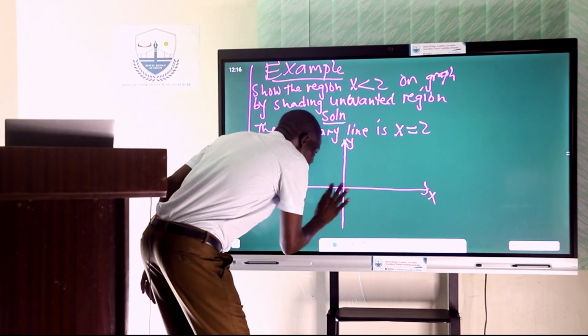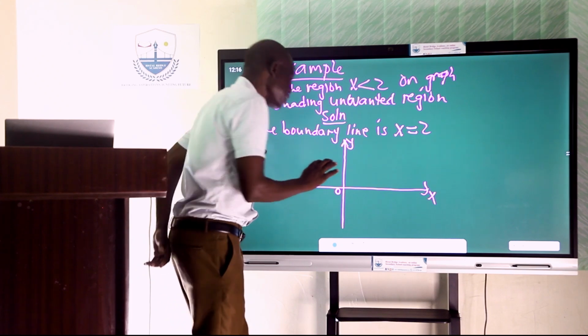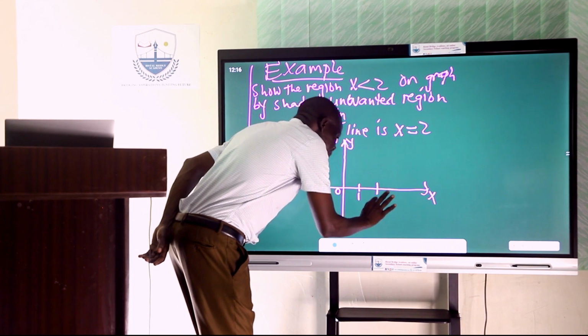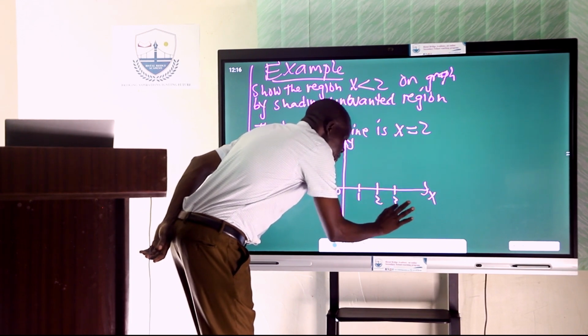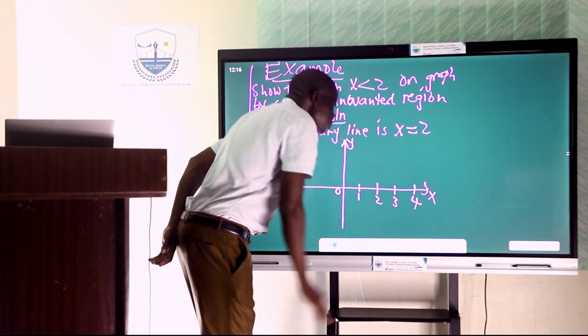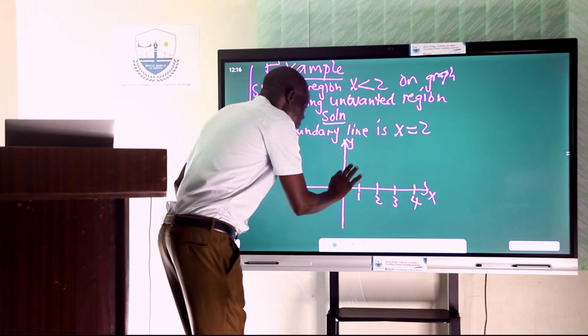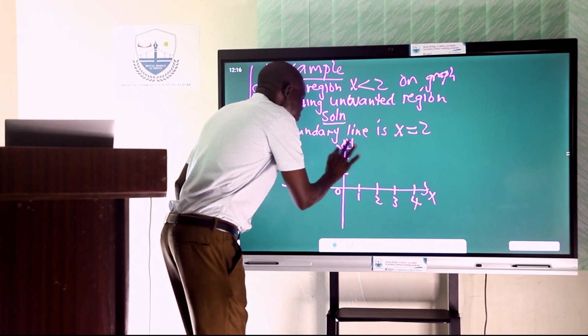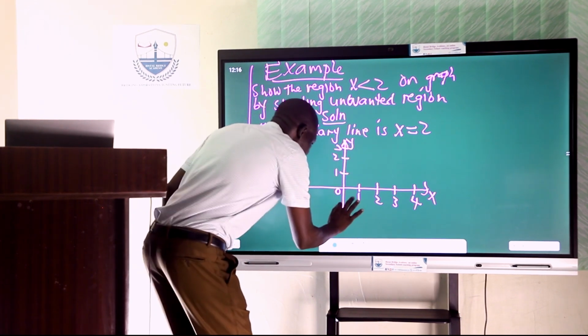If this is 0, our scale will be 1, 2, 3, 4, and so on, and up the y-axis 1, 2, 3, and so on.